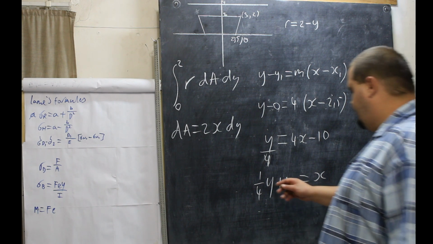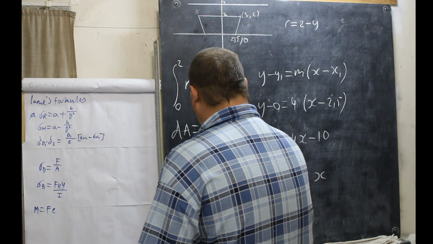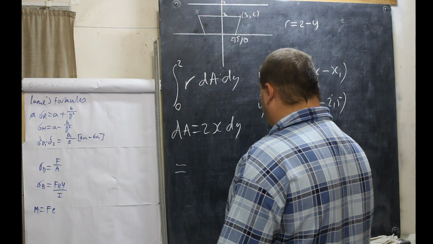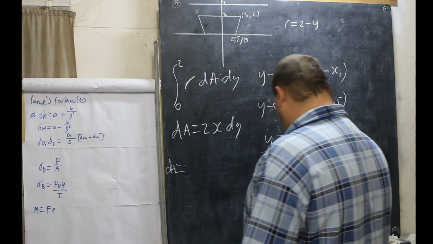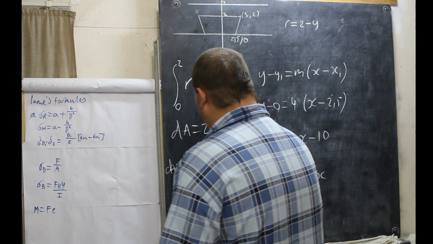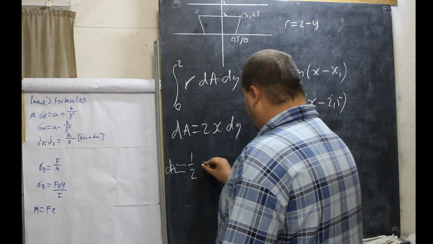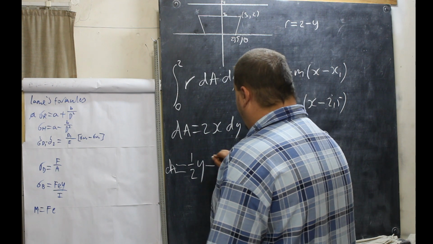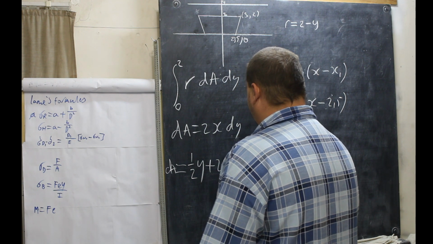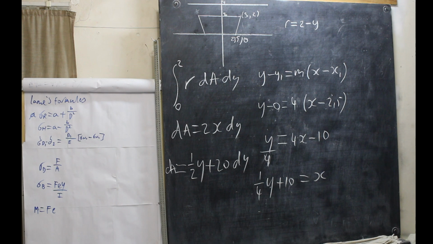So x is equal to this. So 2 times a quarter y, and 2 times 10 plus 20 dy, and r is 2 minus y.